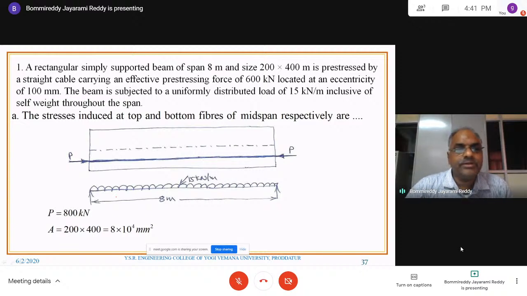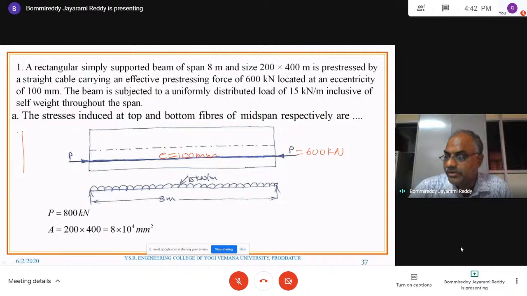A rectangular, simply supported beam of span 8 meters and size 200 by 400 is pre-stressed by a straight cable carrying an effective pre-stressing force of 600 kilonewtons located at an eccentricity of 100 millimeters. So here P is given as 600 kilonewtons.